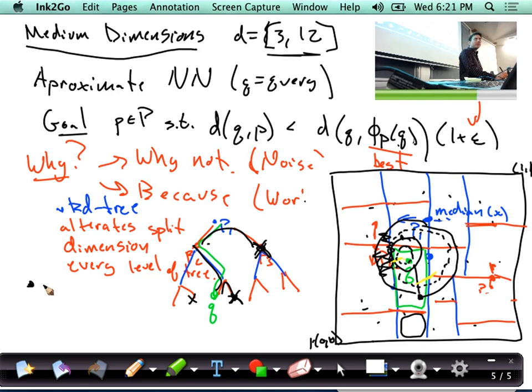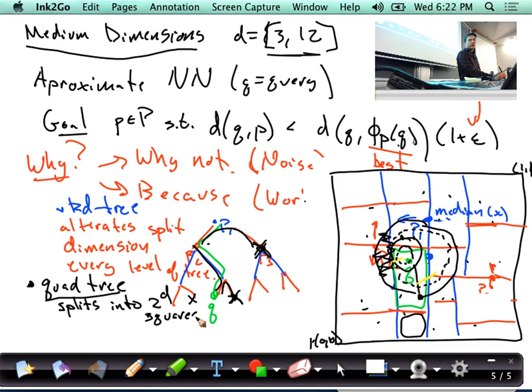But you may see a couple of other common techniques that I just want to mention. One is called the quad tree, and the quad tree splits at every level into 2 to the d squares.